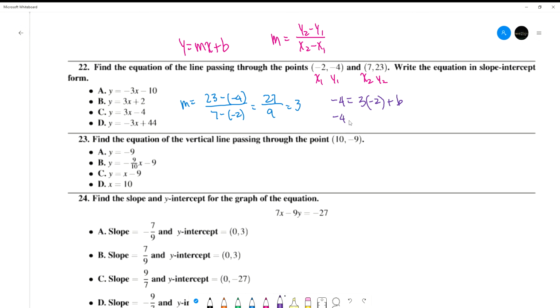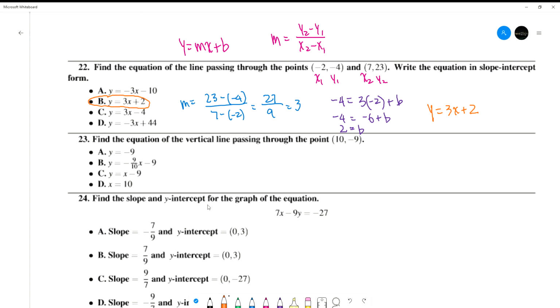So negative 4 is equal to negative 6 plus b. So if I add 6 to both sides, I get positive 2 is equal to b. So what is my final answer? y is equal to 3x plus 2. That gives me answer choice B.